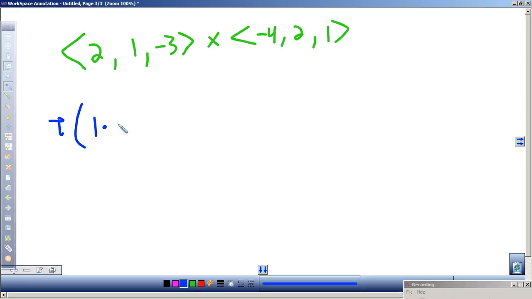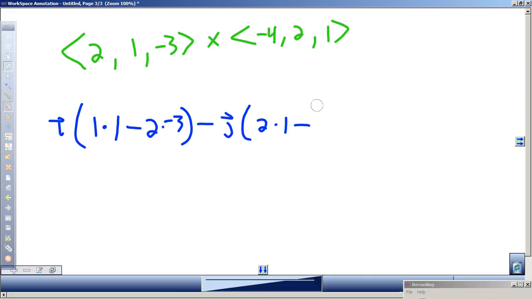1 times 1 minus 2 times negative 3, or negative 3 times 2, remember it doesn't matter the order, minus j times 2 times 1 minus negative 3 times negative 4.